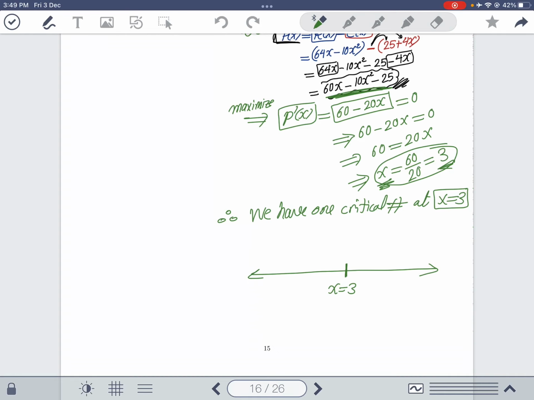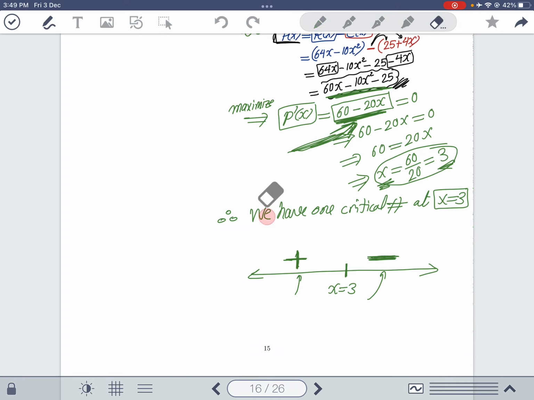The derivative is 60 minus 20 times x. So if you take something smaller than 3, let's say any number, 1, and you replace it in the derivative here, 60 minus 20 times 1, so it's a positive answer. If you take something more than 3, like 4, and you replace it in the same formula, you'll get 60 minus 20 times 4, 80. So 60 minus 80 is negative 20, so negative.